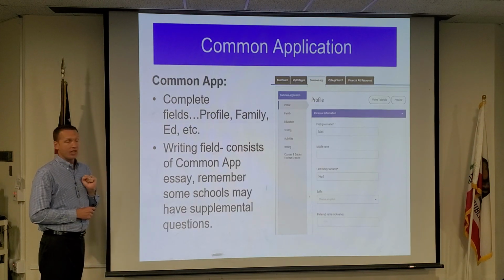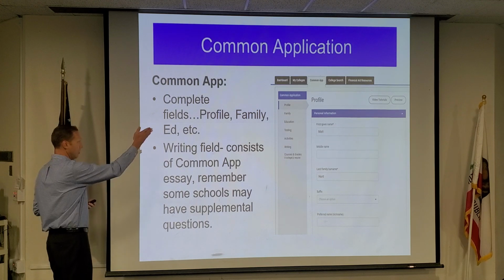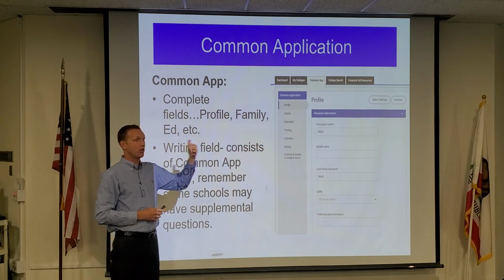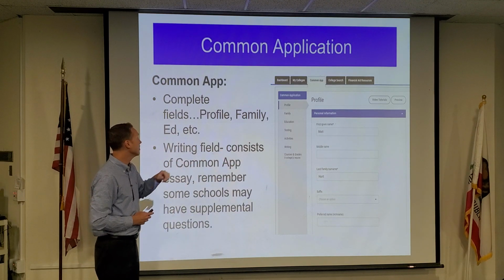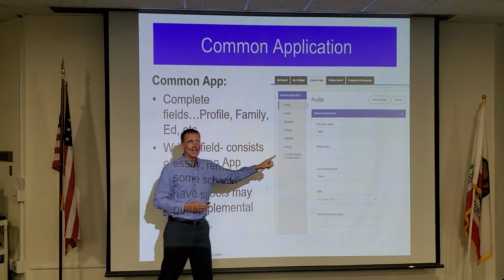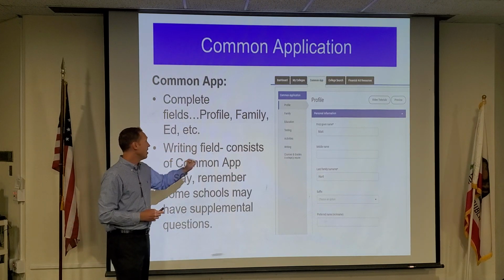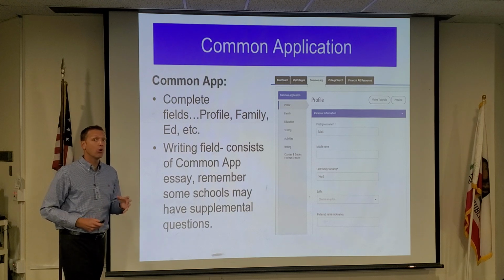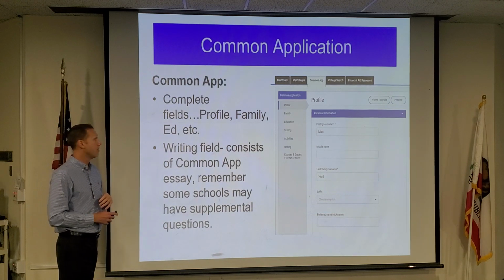Here's one example. So, as you navigate these fields, you'll start with your profile. It'll start with some initial information about your background, your family background, education level of your parents. Then you'll start to get more specific academic information, testing, SAT, ACT, your extracurricular activities, and then you'll see the writing tab, which will be primarily the bulk of the work of this application, which we'll show you some examples of here in a minute.